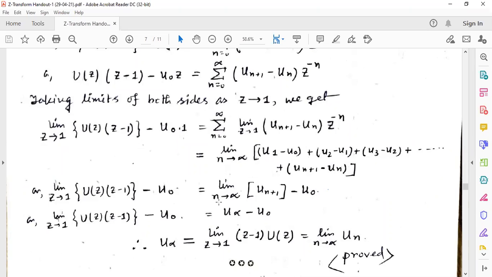So we are taking here limit n tending to infinity un plus 1 minus u0. So limit n tending to infinity un plus 1, that means u infinity minus u0. This minus u0 will be cut. So u infinity is equal to limit z tends to 1 z minus 1 into Uz is equal to limit n tending to infinity un.